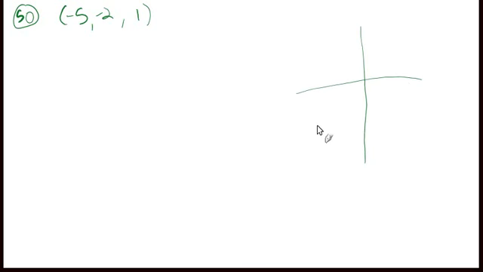It comes out of the paper this way and into the paper that way. And if we were going to graph this point, we would go -5 on the x, and -2 on the y, and then down 2. Right? And then on the z, we go +1.